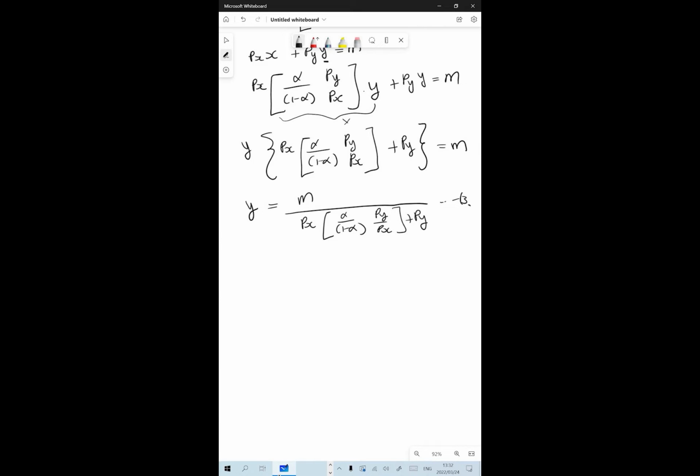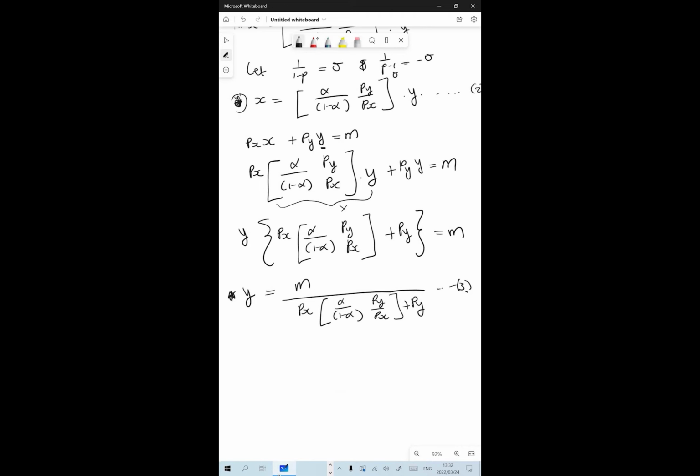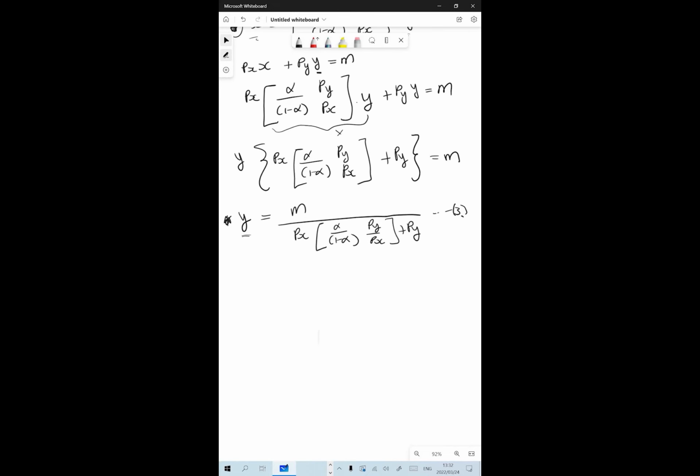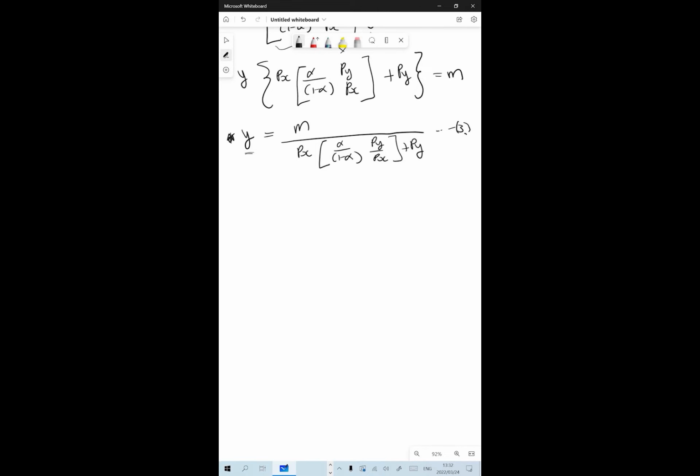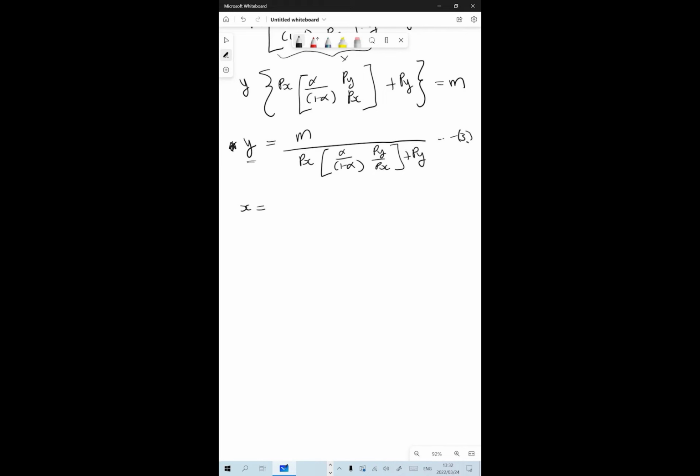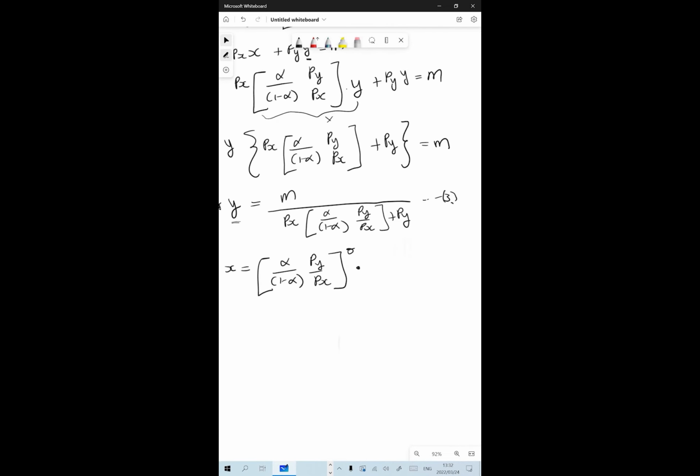This is also important. Remember, we had gotten our x, which is equal to this right here, and now we've got y. So what we just need to do is plug in this y right here, and we'll have our Marshallian demand for good x. As easy as that. Let's do that quickly. Let's say that x is equal to, saying times y, right?